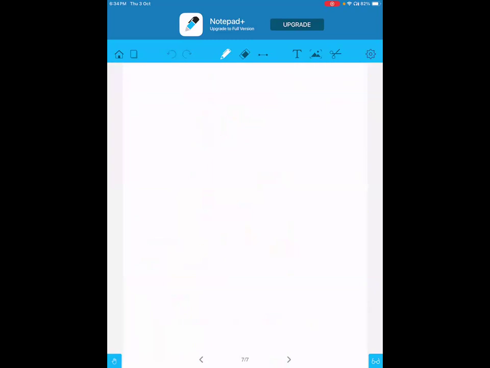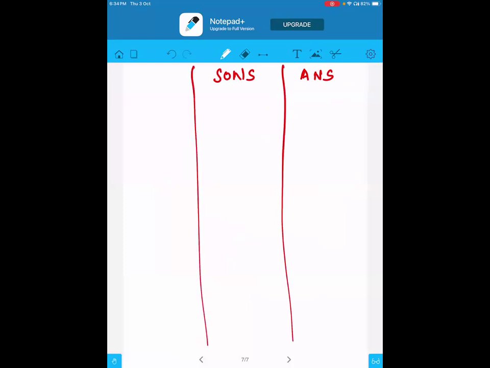Now the next one, in the case of the nature of the movement, as I've already mentioned. In the case of the somatic, it will be voluntary, and in case of the autonomic, it will be involuntary.